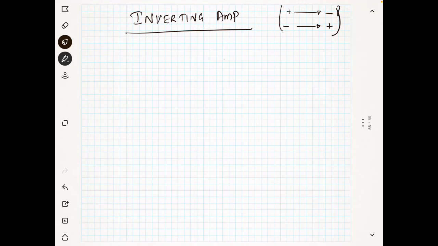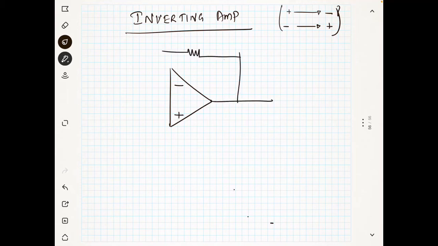Now we will see the circuit diagram for this. So inverting amplifier, this is plus and minus. There will be feedback, definitely. I told you we need a negative feedback for controlling the gain of the op amp. Otherwise the op amp will get saturated. Now this is V in.